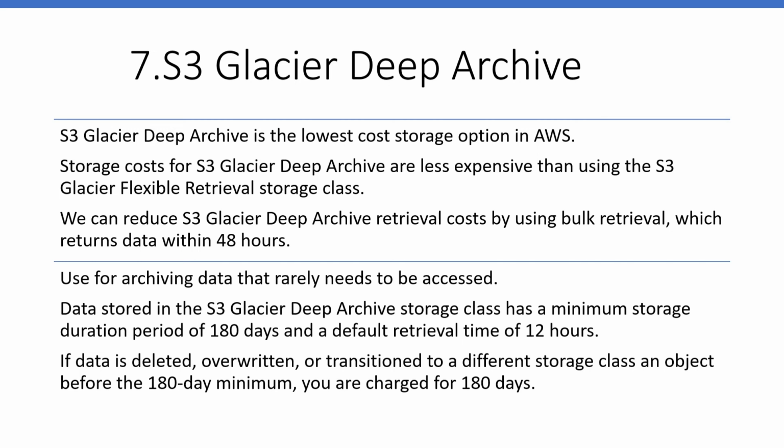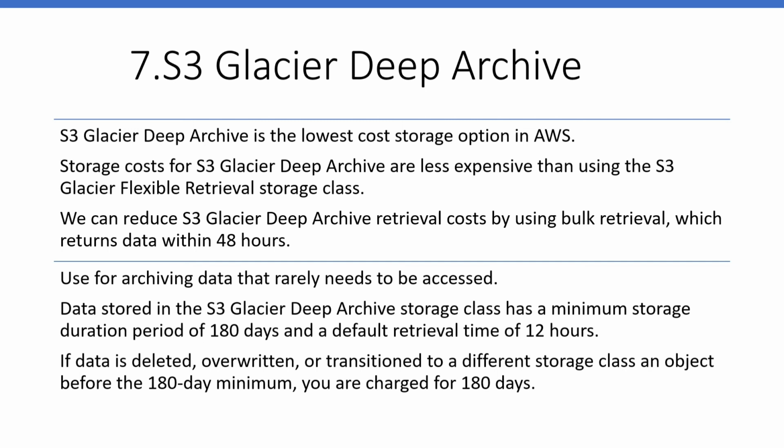In that case we can go for S3 Intelligent-Tiering, which has a mechanism where, based on the access pattern of that particular file, it will decide which storage should be used and choose the most cost-effective storage class for us. It has its own intelligence to decide where the data needs to be stored. And finally we have the S3 Glacier class.